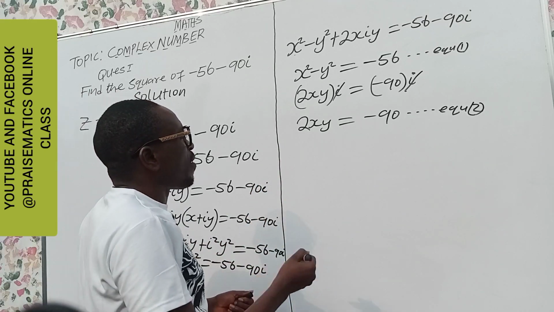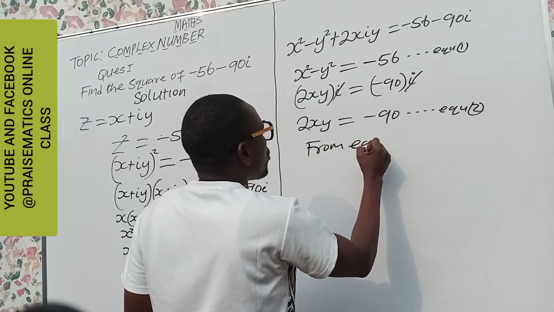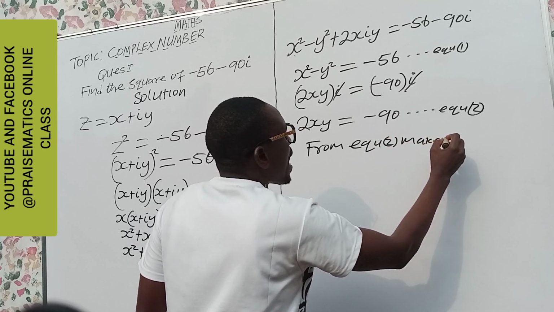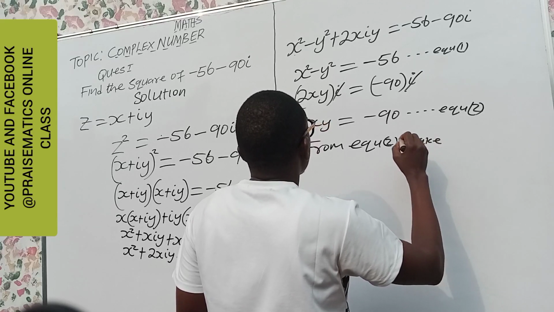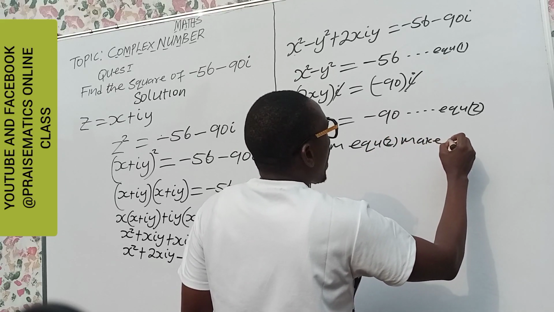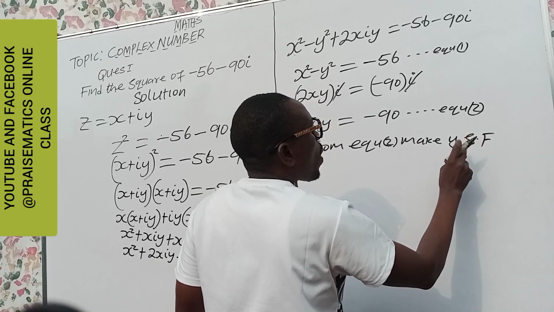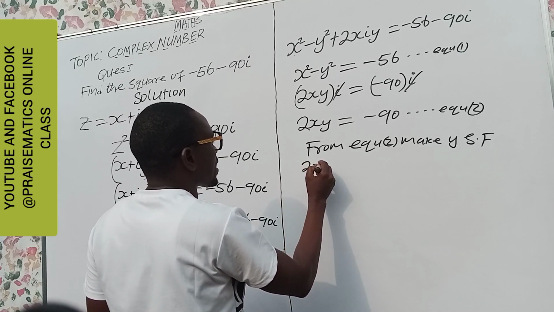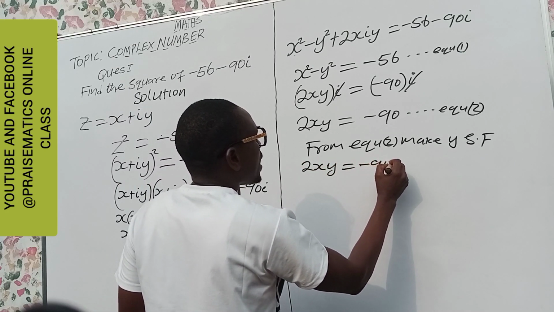Now from equation 2, make y the subject of the formula. We have 2xy is equal to minus 90.